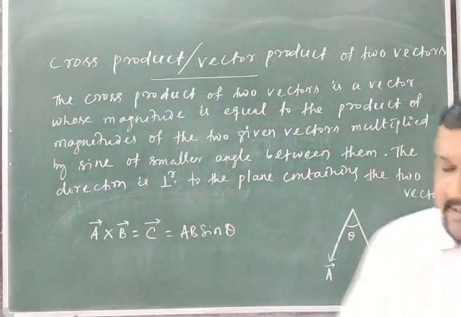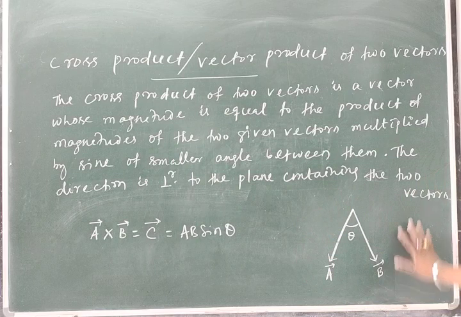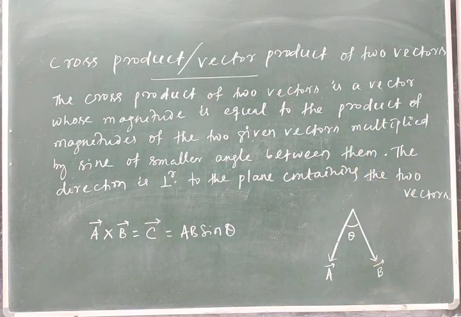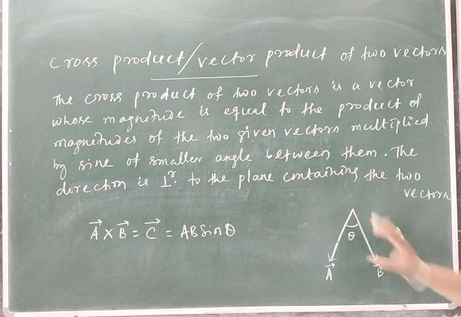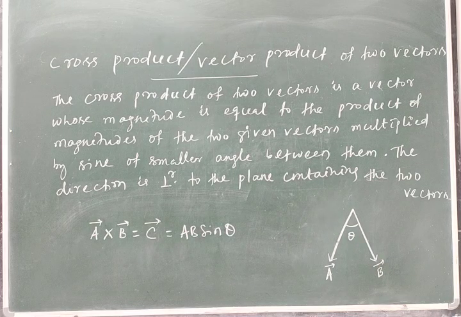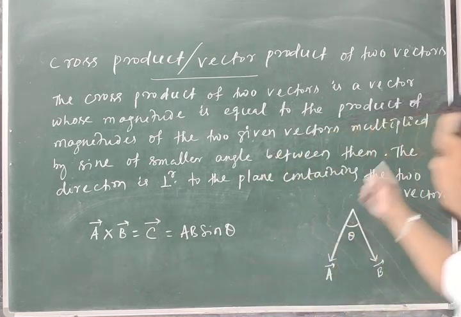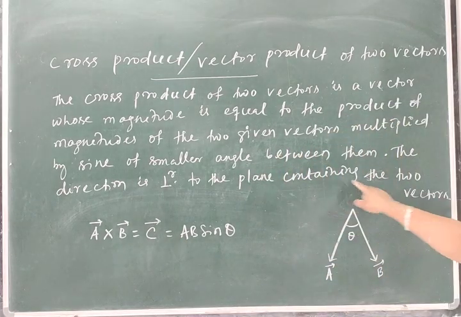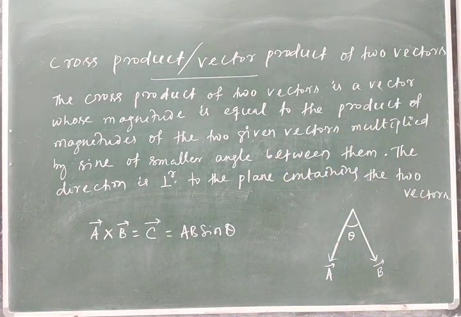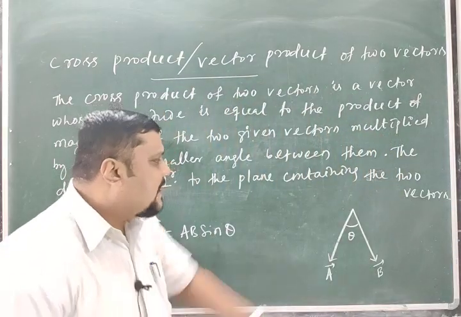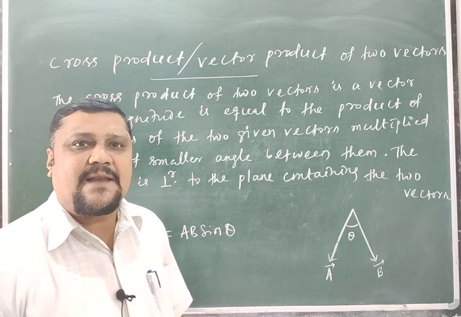These two vectors are on this board plane. In this board plane I have drawn these two vectors, and the cross product A cross B is a vector whose magnitude is this much, and the direction is perpendicular to the plane containing the two vectors. The direction is perpendicular to this plane containing A and B.